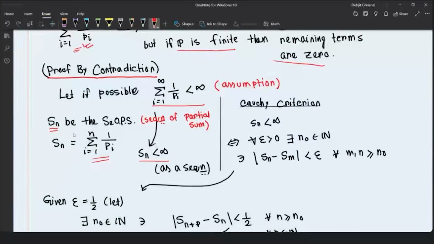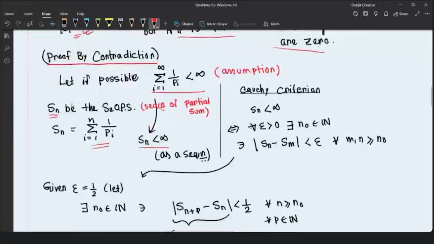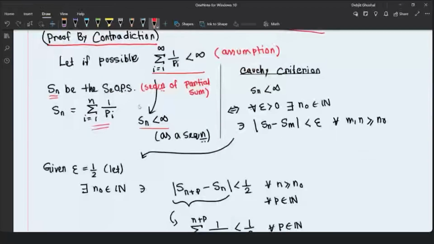I am assuming this. Now, if we recall the Cauchy criterion for convergence of a sequence, we all know that for a given epsilon, there exists n naught belonging to N such that |Sn minus Sm| is less than epsilon for all m, n greater than or equal to n naught. Okay.